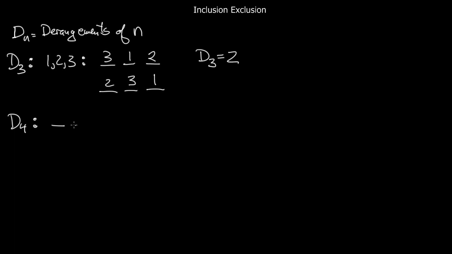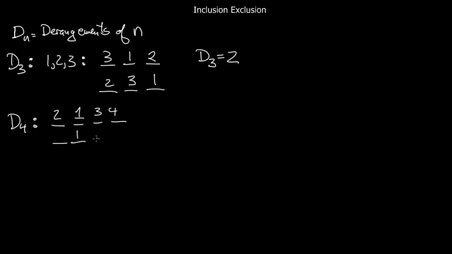Let's see, how about d4? So I can put 1 in one of 3 places, so let's say we put 1 in position number 2. Now 2 I can put in any of the remaining 3 places.